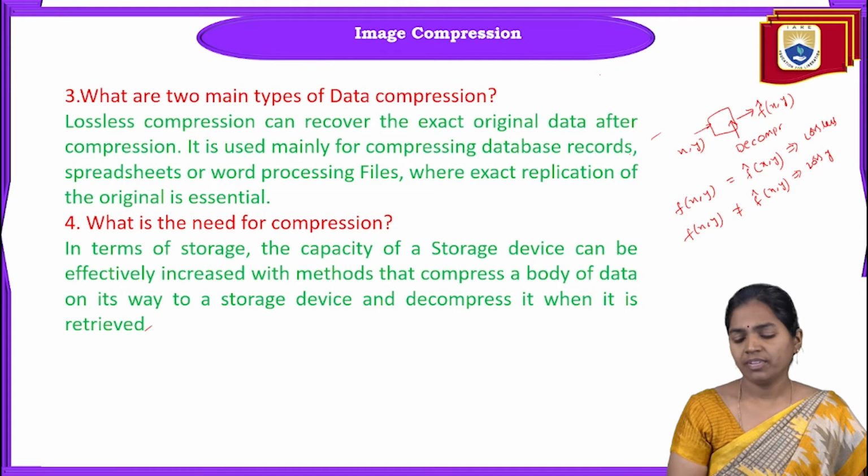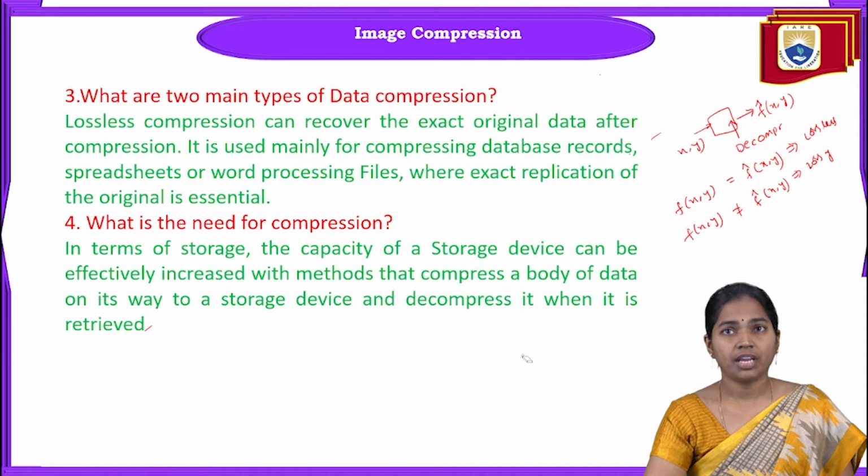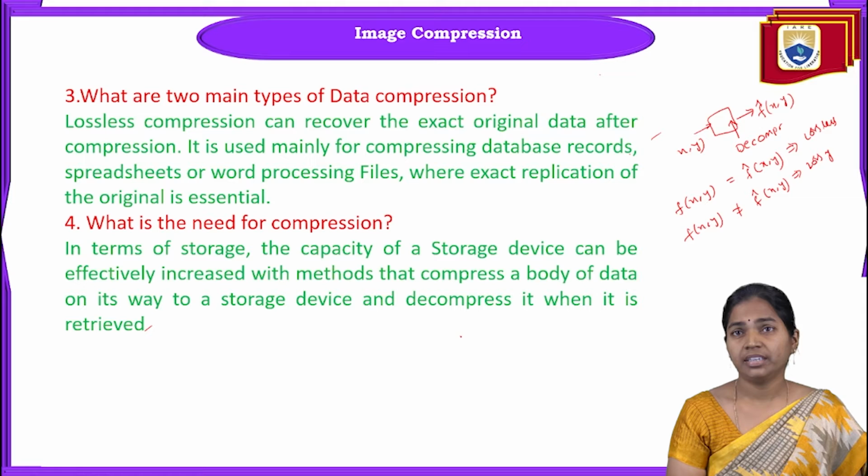For example, in data compression, we may be transmitting the same data repeatedly. If we are transmitting A, 4, A is the symbol and 4 is the number of occurrences of that particular symbol. If we transmit like this, we can compress the images. For image compression, there are different redundancy techniques.